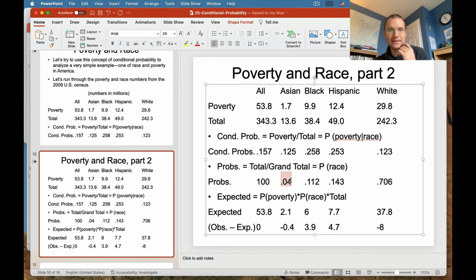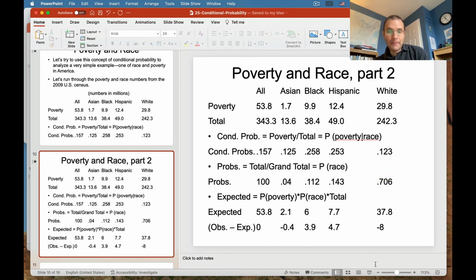To get that, just divide 13.6 by 343.3. So it's a relatively small total, 1 out of 25. The numbers get bigger as we move to the right in this little chart. So 11.2% of people are black, 14.3% are Hispanic, and the majority, 70%, are white.